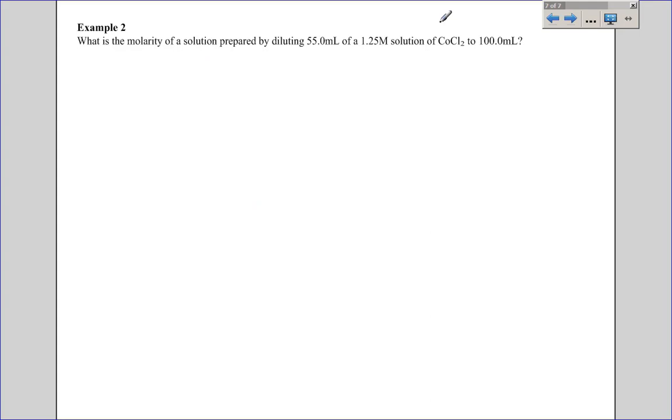Example 2. What is the molarity of a solution prepared by diluting 55 milliliters of 1.25 molar cobalt chloride to 100 milliliters?